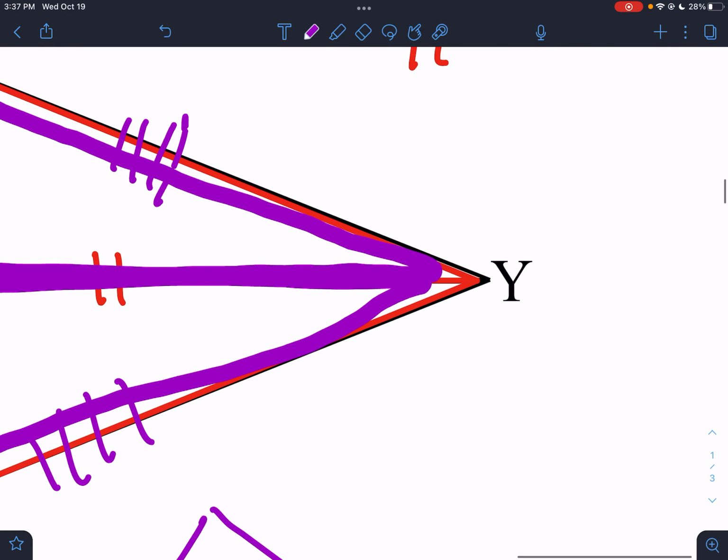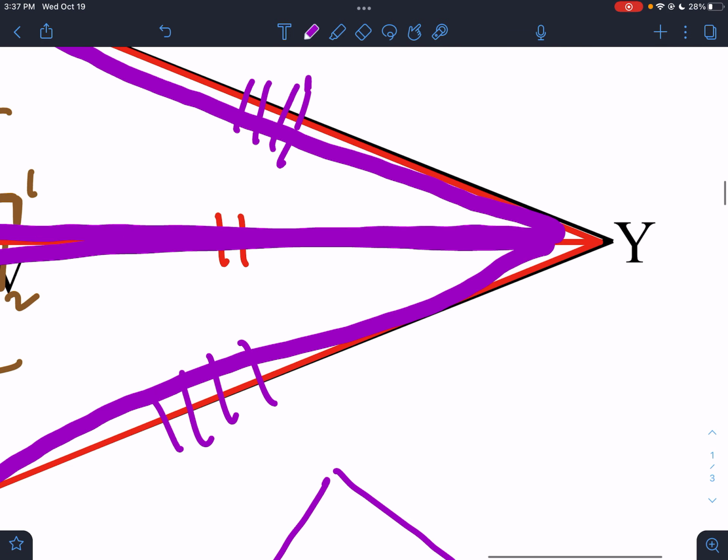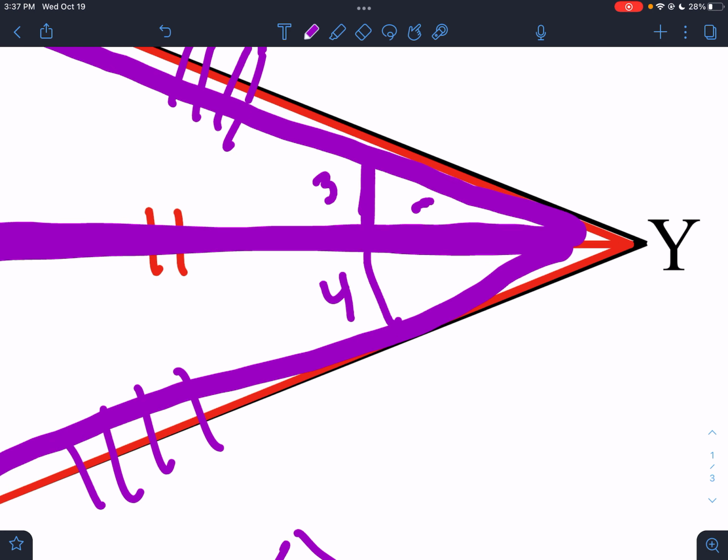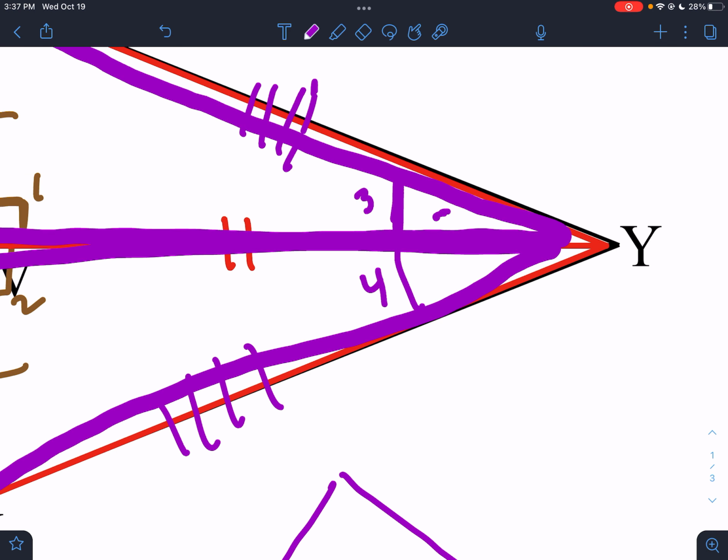What about Y? Do they have the same letter Y? Well, there's 3 Ys, right? The big one and the 2 small ones. And yes, look, purple and red both use this angle. I'm going to call it angle 3, and this one angle 4. Red and purple, like, guys, if this was like a 20-degree angle, wouldn't the purple triangle have a 20-degree angle?